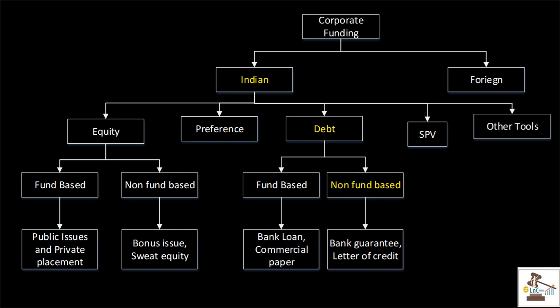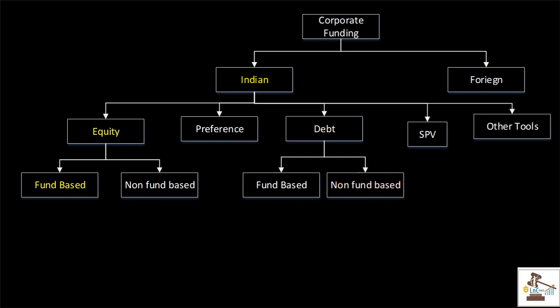Now if we talk about fund-based equity sources, then we can further classify them based on counterparty. That means it can either be private or public. Private equity means shares are issued to a specific group of people. Public equity means shares are issued to the general public.